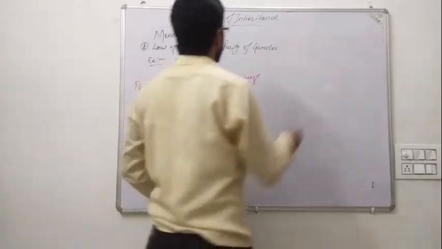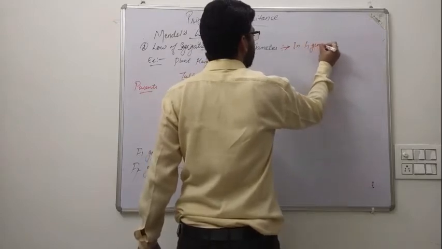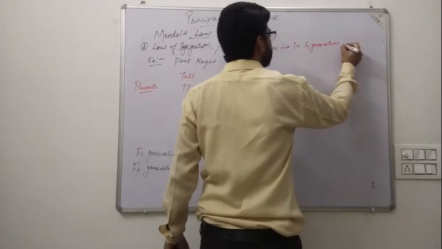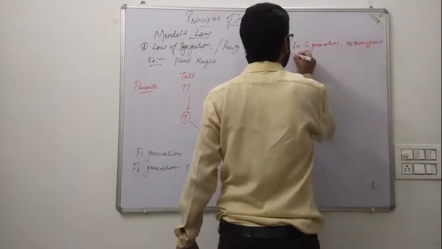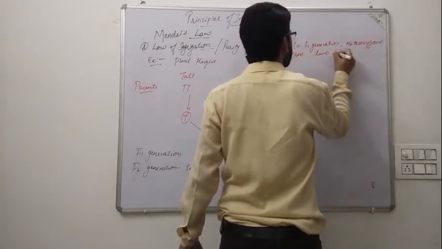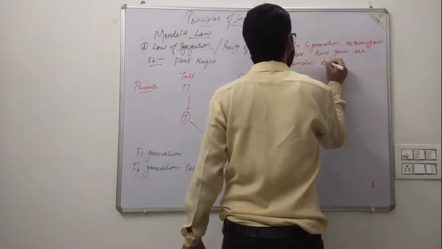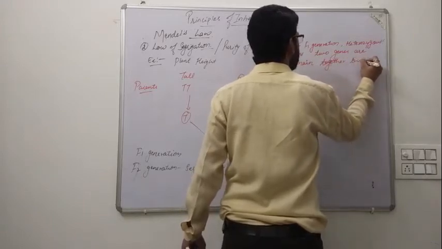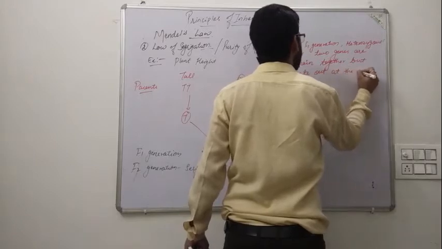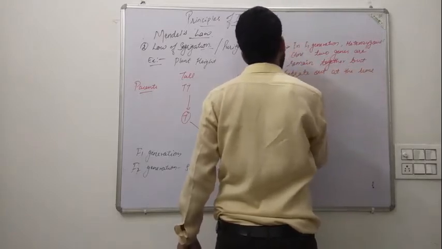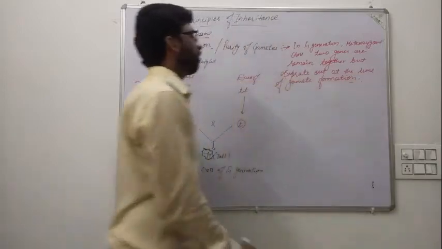We write it here: in F1 generation, heterozygous cross, two genes remain together but separate out at the time of gamete formation.